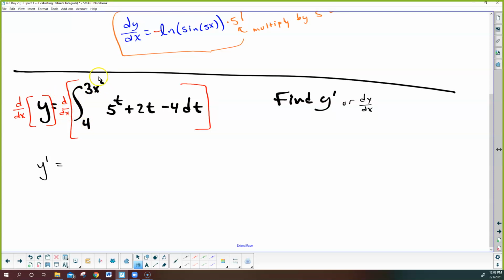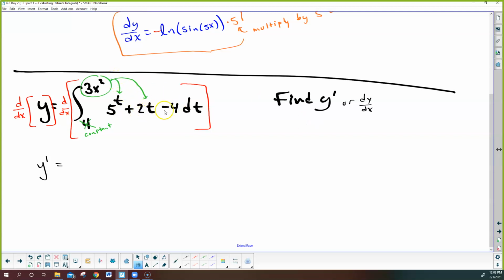Those are gone. The only thing we have to do then is plug in the variable. Now, a lot of times people ask, what about the 4? If I plug the 4 in here, here, and here, that would give me a constant. And if I take the derivative of the constant, this goes away as well. So just remember, that's a constant when it's plugged in, and the derivative of a constant is 0, so it's not there.